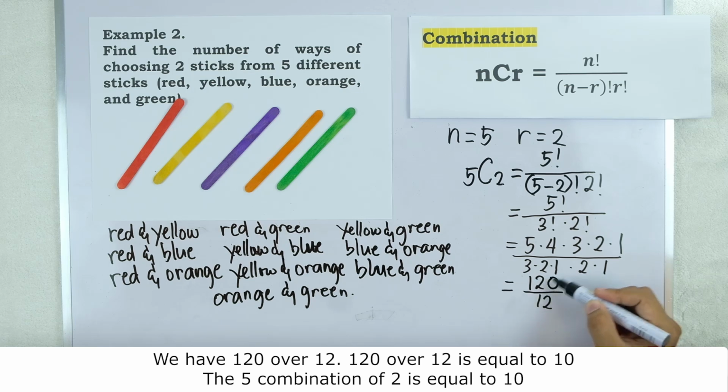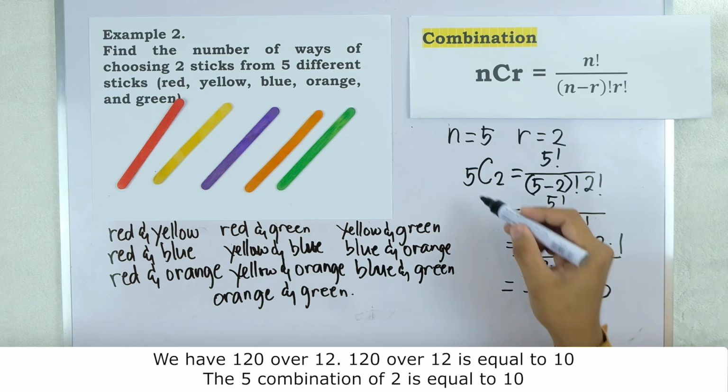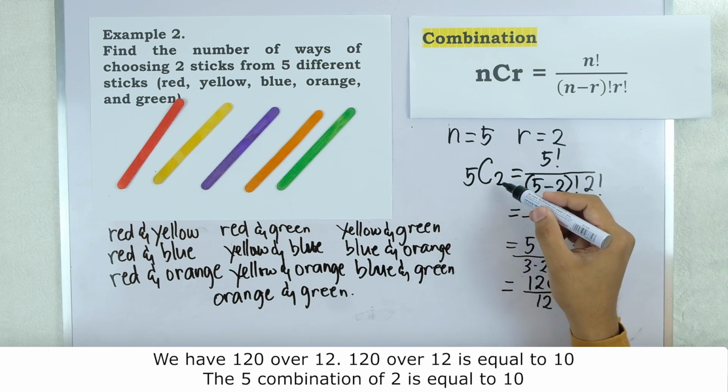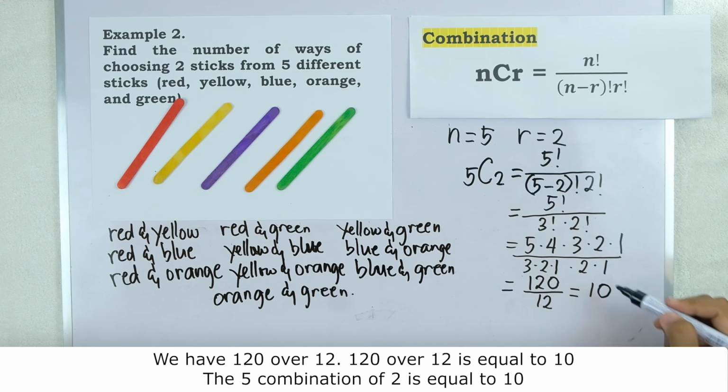We have 120 over 12, and 120 over 12 is equal to 10. So 5 choose 2 is equal to 10.